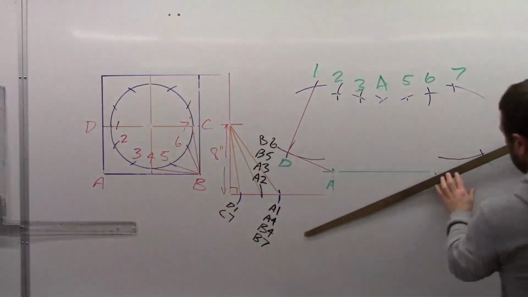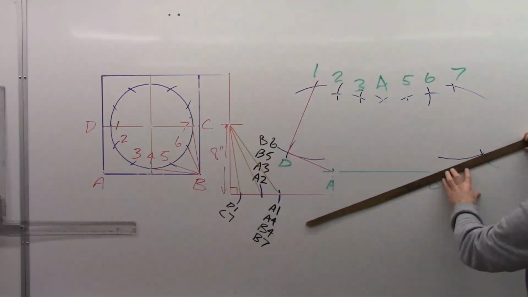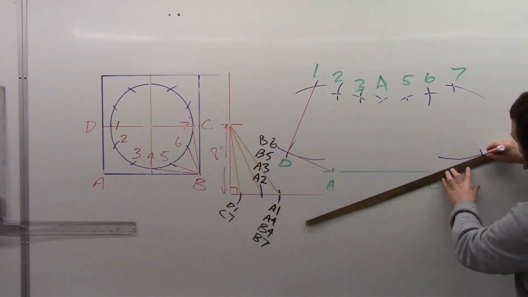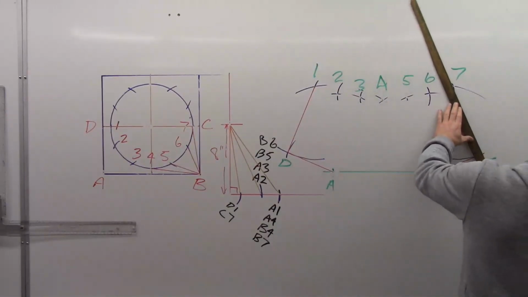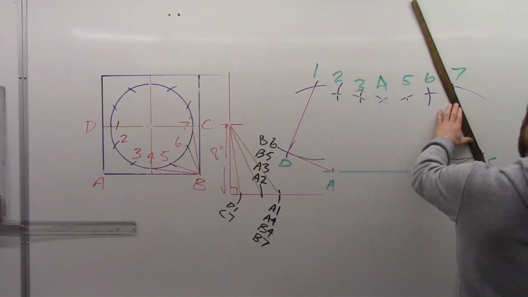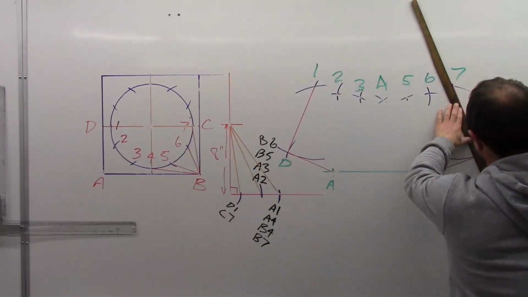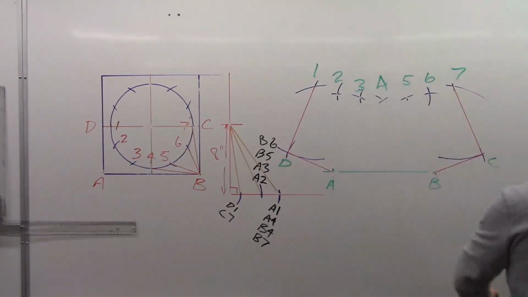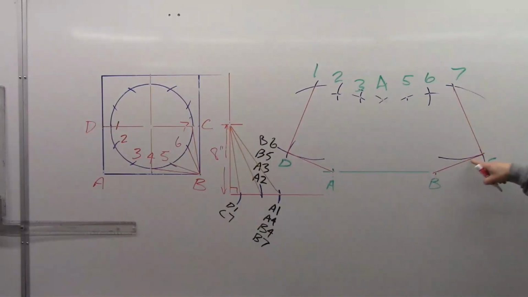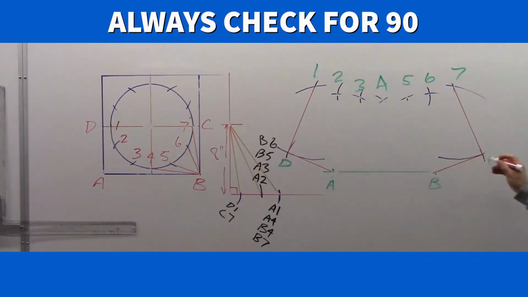Okay, so I connect, draw on the lines BC and AD, and then up to 1 and 7. And when I do that, these wings, this corner here at point C and point D, should be 90 degrees. Okay, if they're not, you've done something wrong, go back and check it.